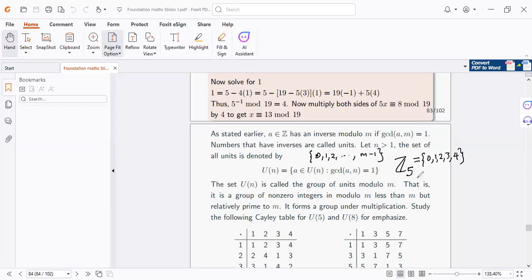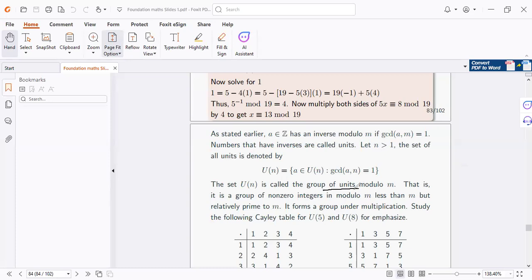So the question is, how many elements here have inverses? That's what I'm introducing. How many elements have inverses in a given group? And the group that I want to look at is the group of units.